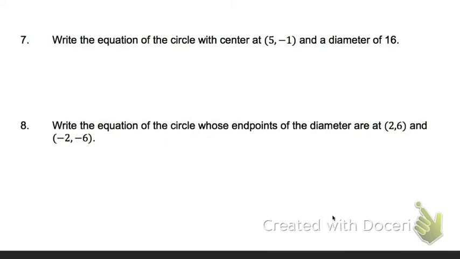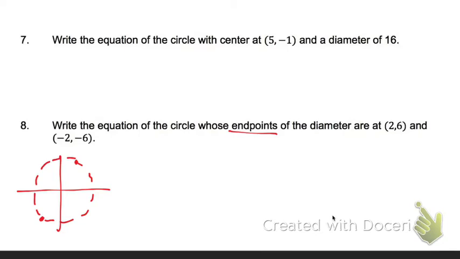So number 8, sometimes it helps to draw a picture, but this is where the midpoint and distance formulas come in, because they give you endpoints and then they ask you to write the equation. So if I'm thinking about maybe drawing a picture at (2, 6) and (-2, -6), it looks something kind of like that.